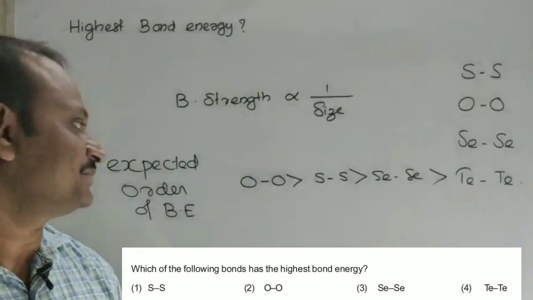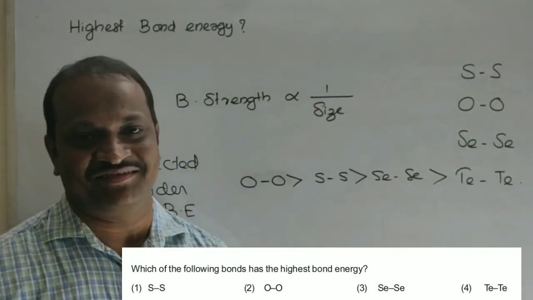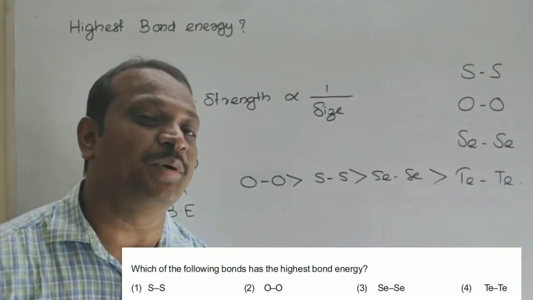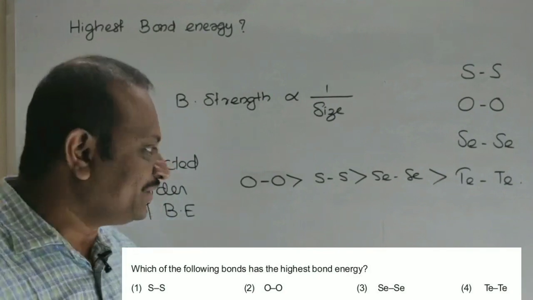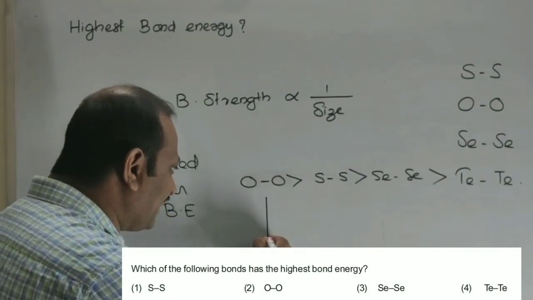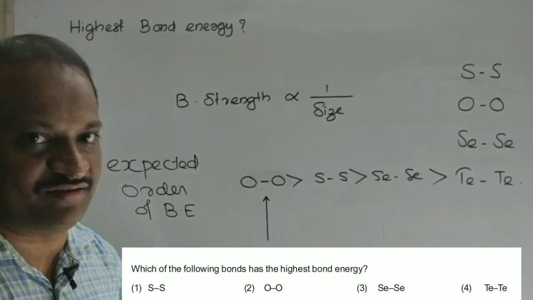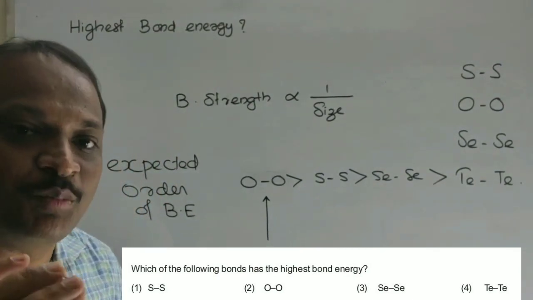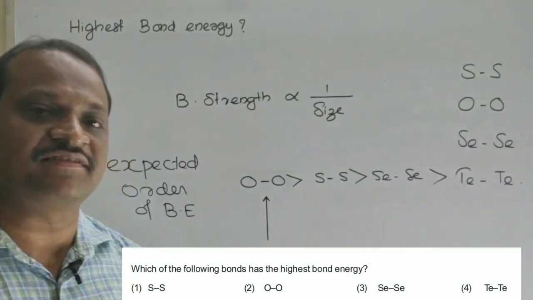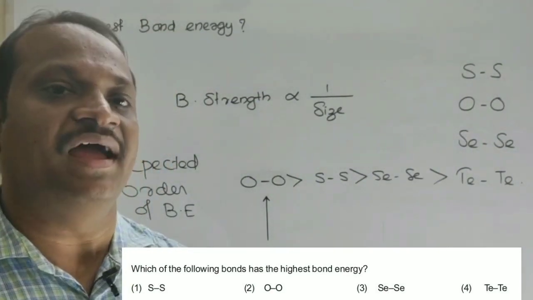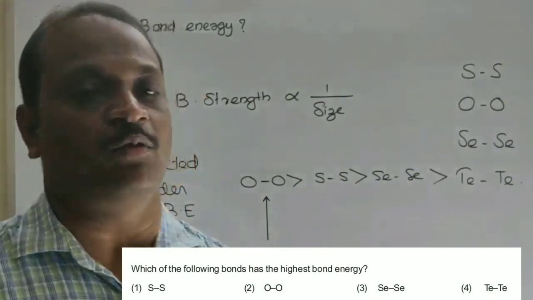What is that character? Due to small size, electron repulsion will be predominant. So in this case, we are expecting maximum bond strength and higher energy. But due to the small size of oxygen, there exists electron repulsion. As a result of that, this bond is weaker than we expected.